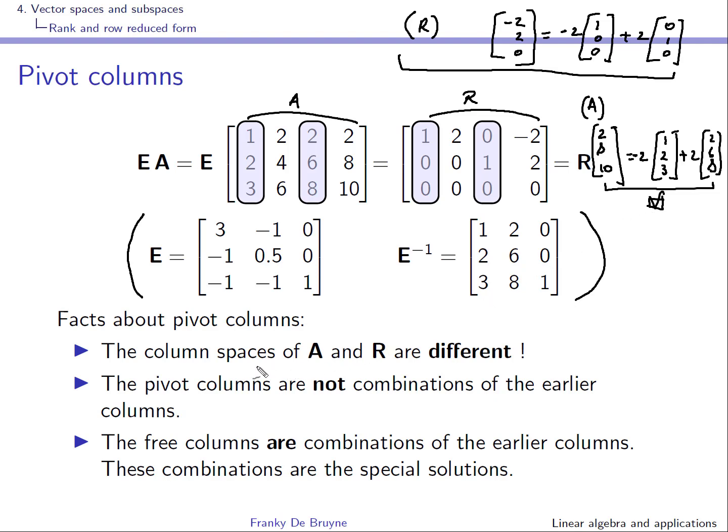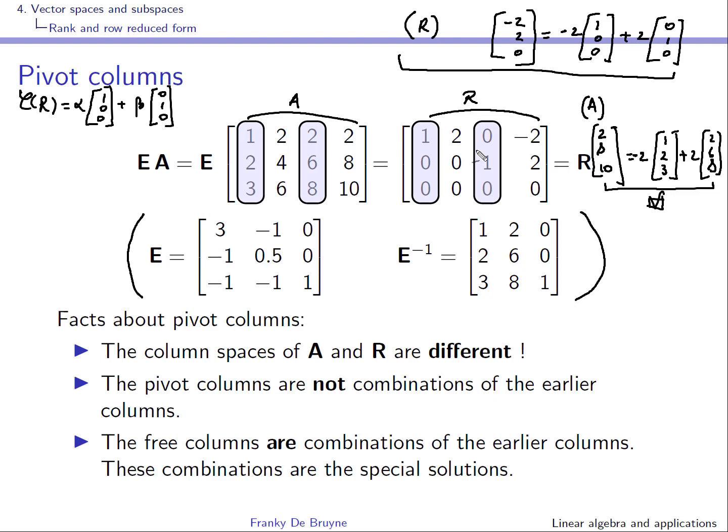I return now to what I've said before. The column spaces of R and A are different. Well, the column space of R, it's alpha times the first pivot column plus beta times the second pivot column.